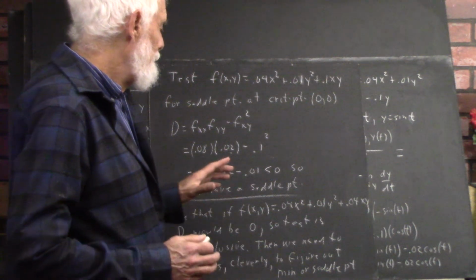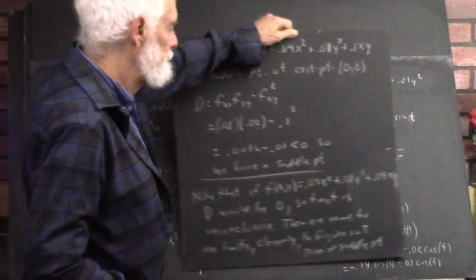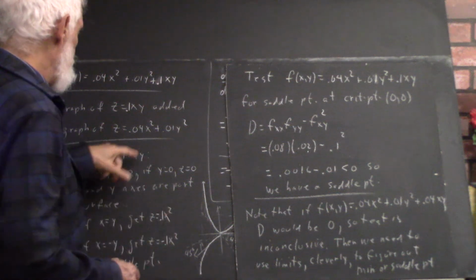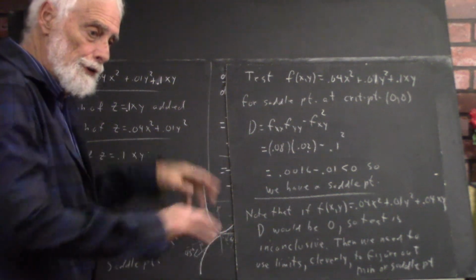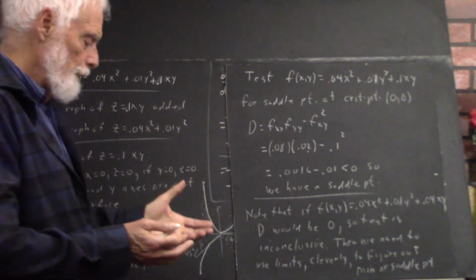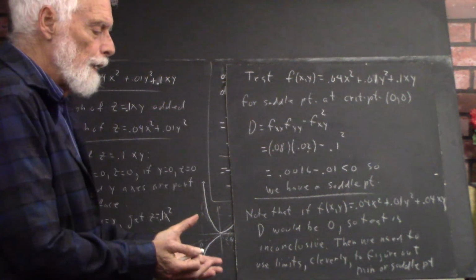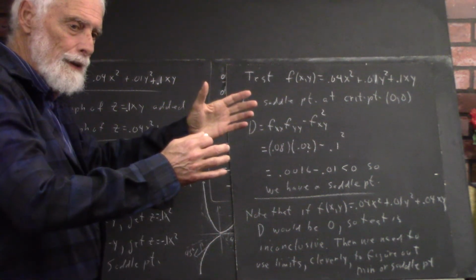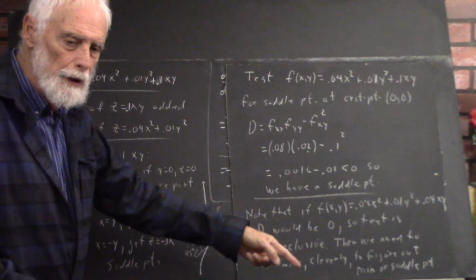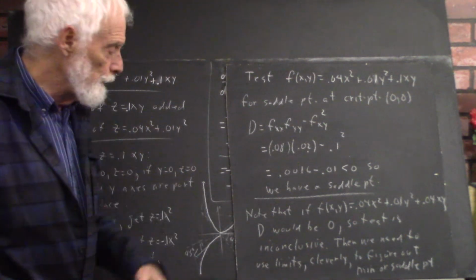Okay? Going back to the picture of adding the graph of the 0.1 xy function, which has its saddle point, to the graph of the elliptical paraboloid. If the elliptical paraboloid goes up fast enough, it can overcome the tendency of the 0.1 xy function to be concave down in this direction.